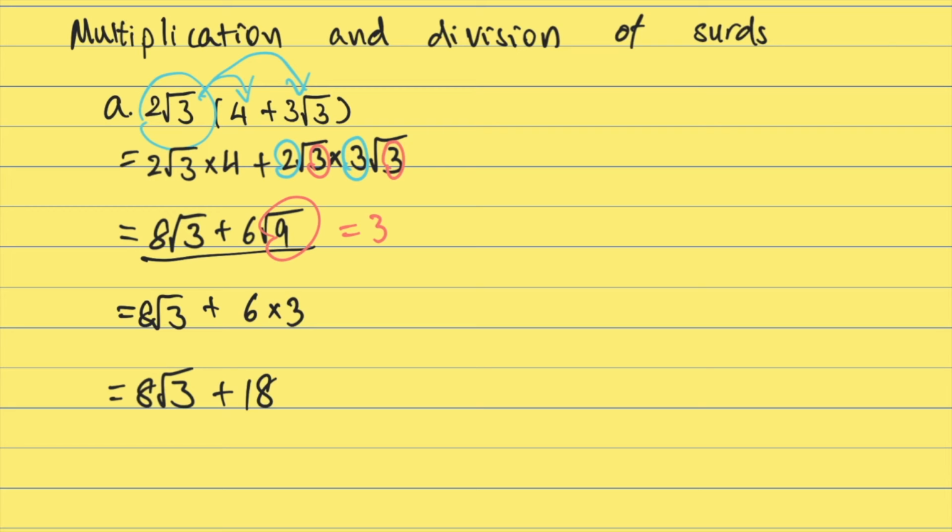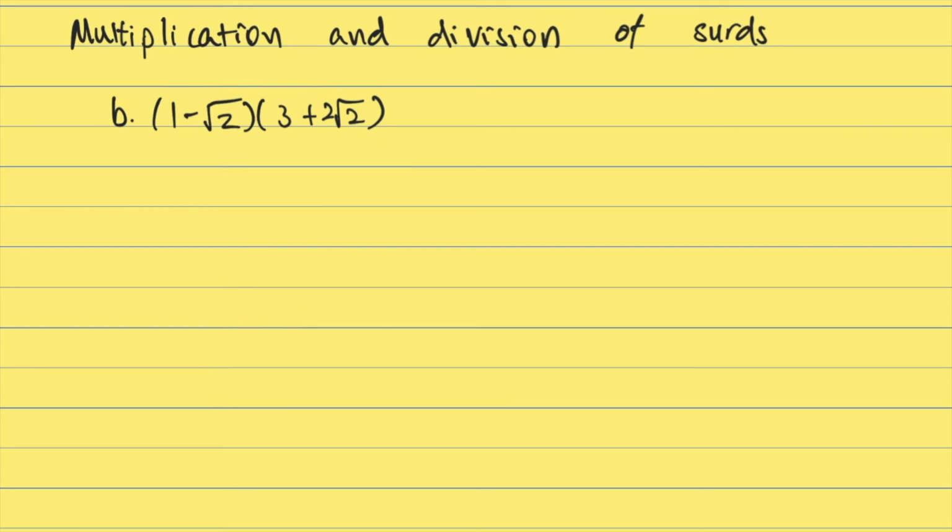Alright, let me show you another one. 1 minus square root 2 times 3 plus 2 square root 2. In order to solve this question, we need to use the concept that I mentioned in the video before: binomial product.